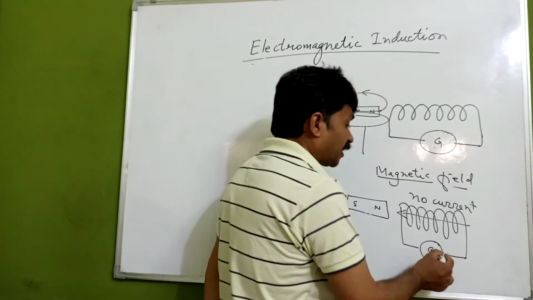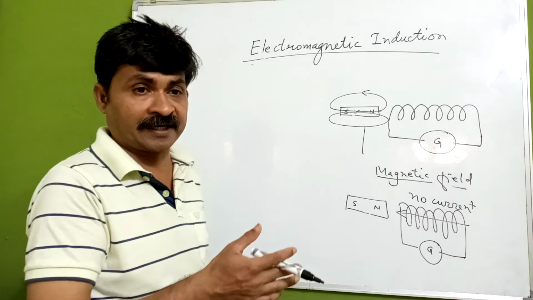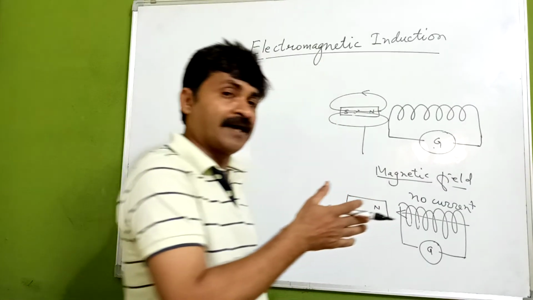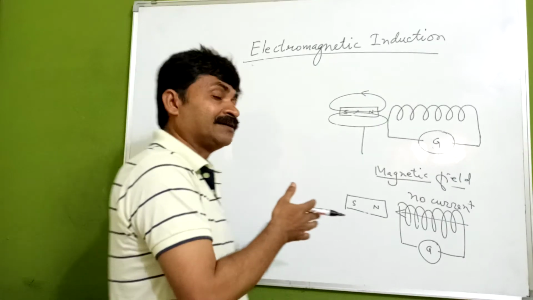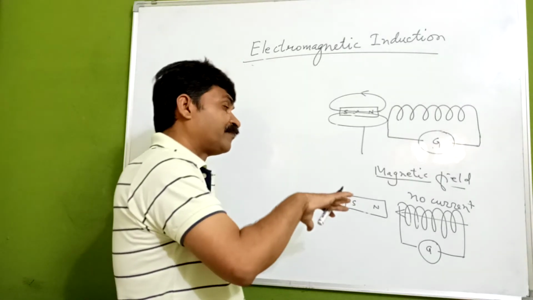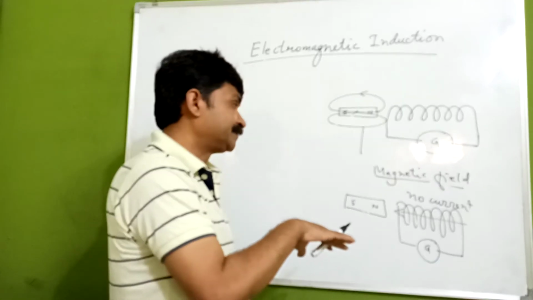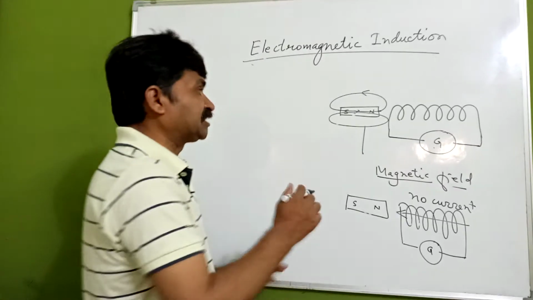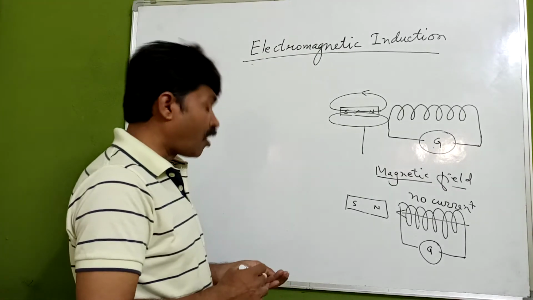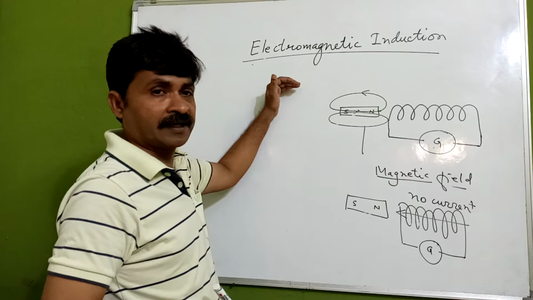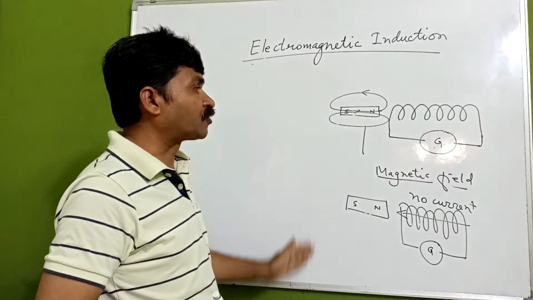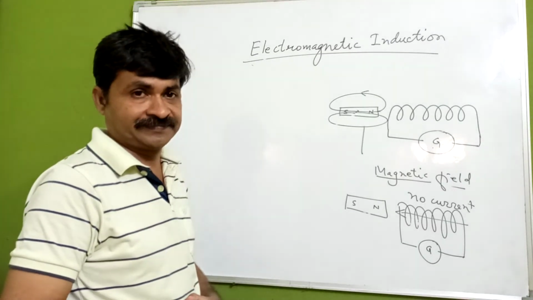Again, there is an indication on the galvanometer in one direction. When it moves in the other direction, there will again be a flow of current. So this effect, which was observed by Faraday, is known as electromagnetic induction.